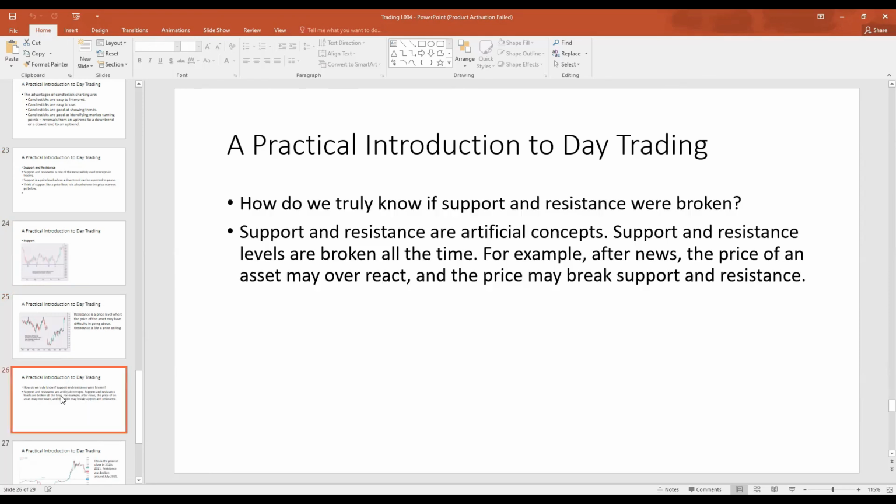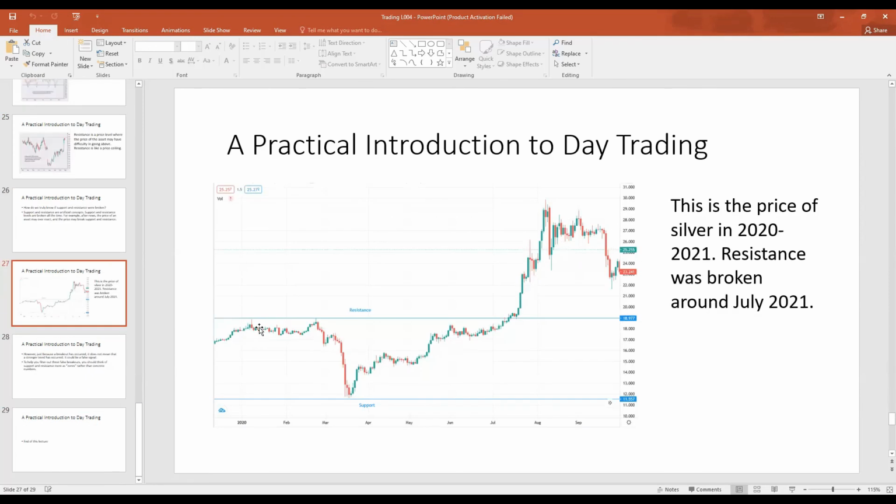This is called a breakout. We see on the diagram here, the price of the asset broke resistance. A breakout occurred. Usually breakouts occur when the price of the asset is responding to news. Some information may be released regarding the demand and supply fundamentals of the asset, and it may cause the price of the asset to react strongly to these fundamentals.